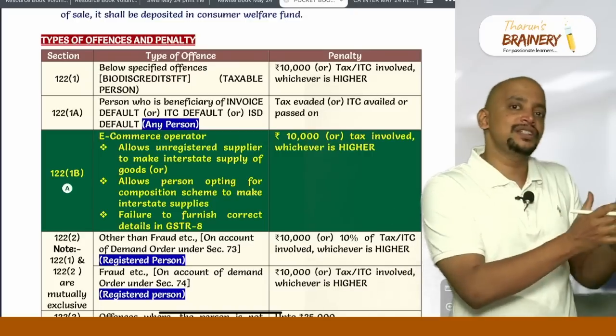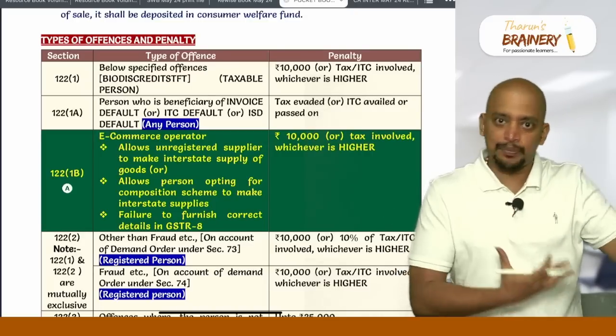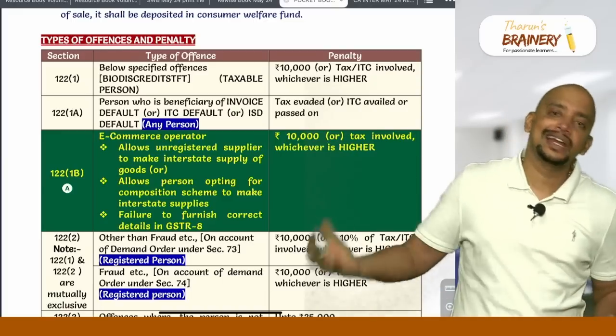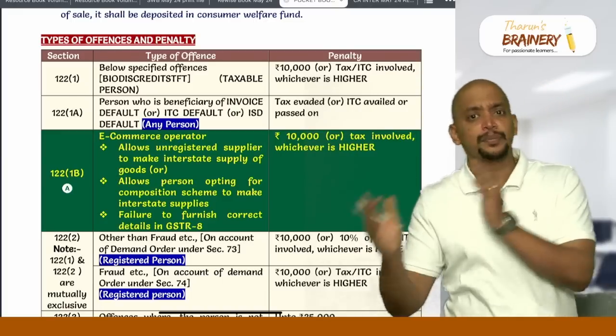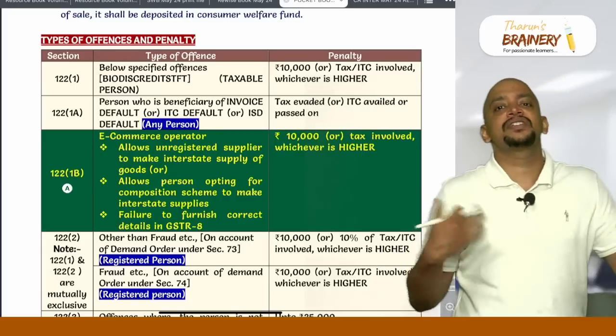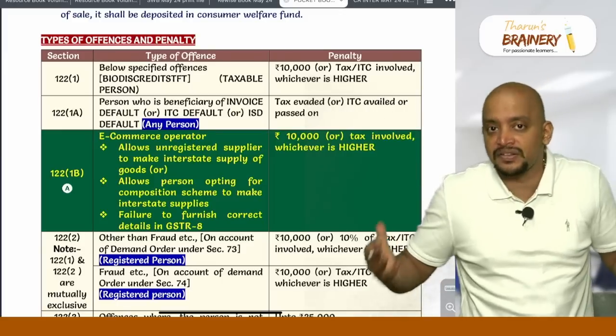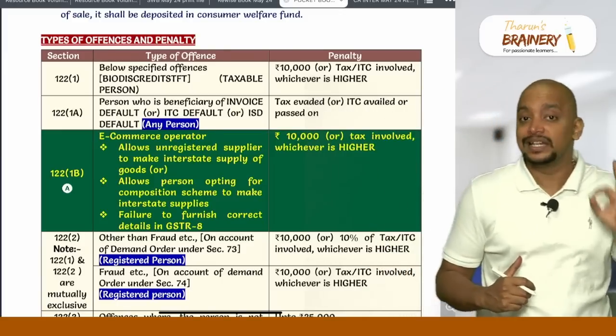On the recipient who availed the ITC without proper documents, that is called ITC default, so on recipients also there will be a penalty. But on the person at whose instance this offence is committed, the mastermind behind these offences, the penalty will be levied under 122 subsection 1A.